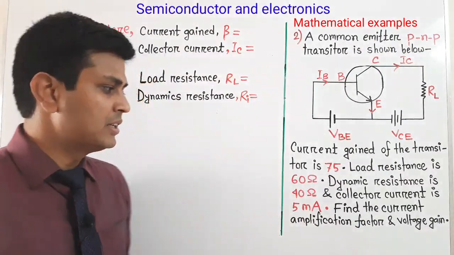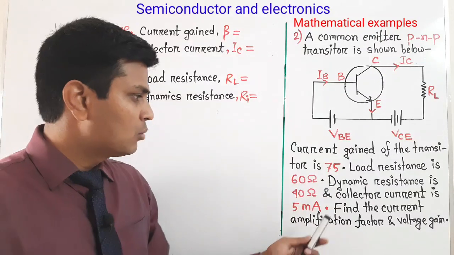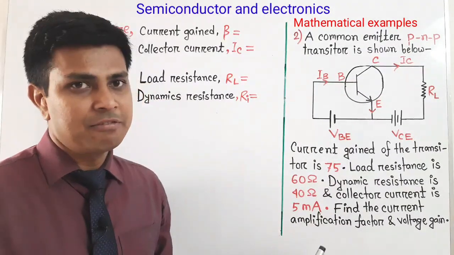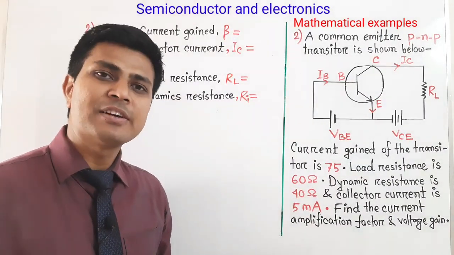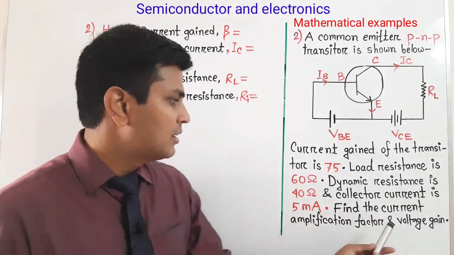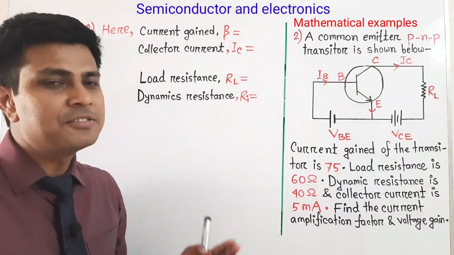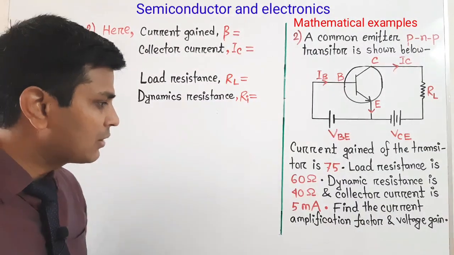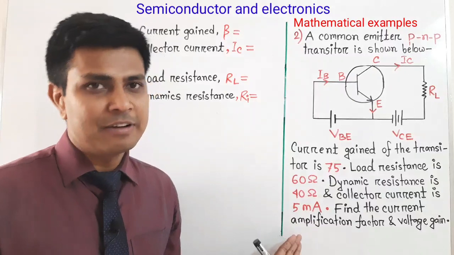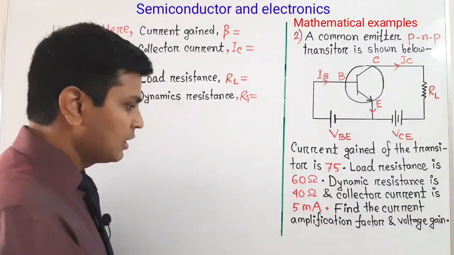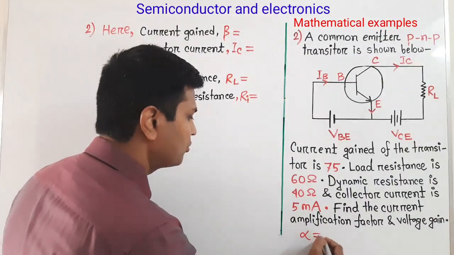And the question is, we have to calculate the current amplification factor, which means alpha, and the voltage gain. If you want to calculate the current amplification factor alpha, you need two quantities.